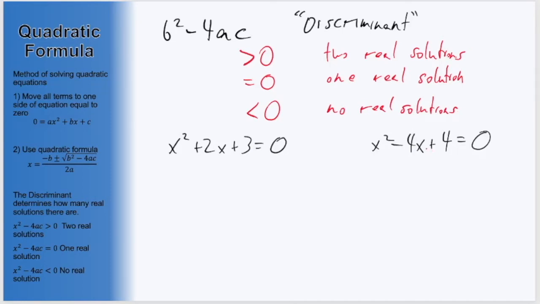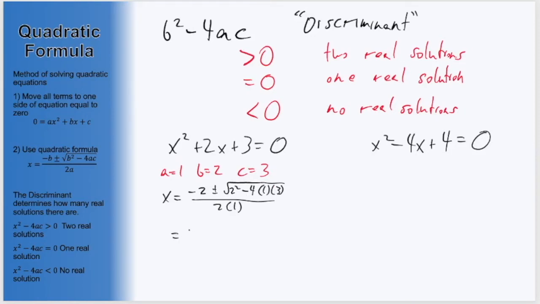Let's quickly take a look at these quadratic equations and use the quadratic formula and see how the discriminant affects our answer. For the equation on the left here, we see that a equals 1, b equals 2, and c equals 3. So plugging this into our quadratic formula, we will get x equals minus 2 plus or minus the square root of 2 squared minus 4 times 1 times 3 all over 2 times 1.